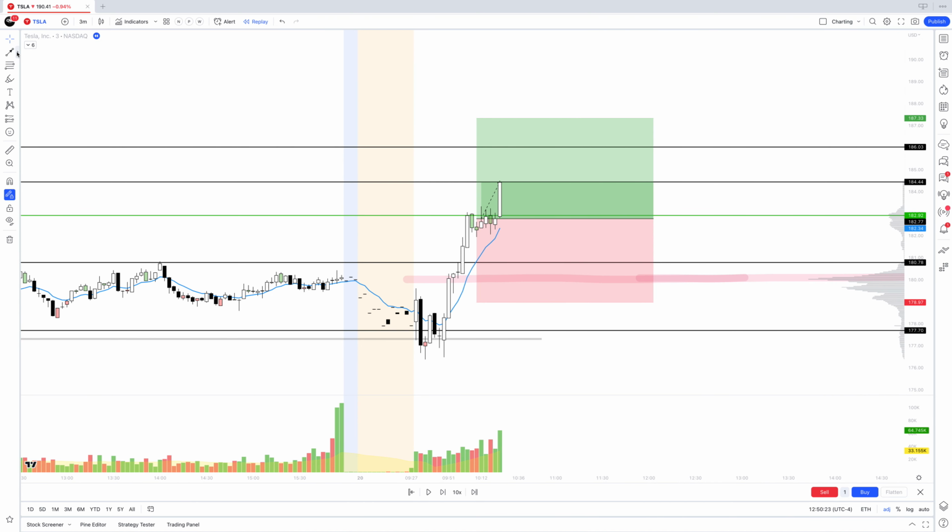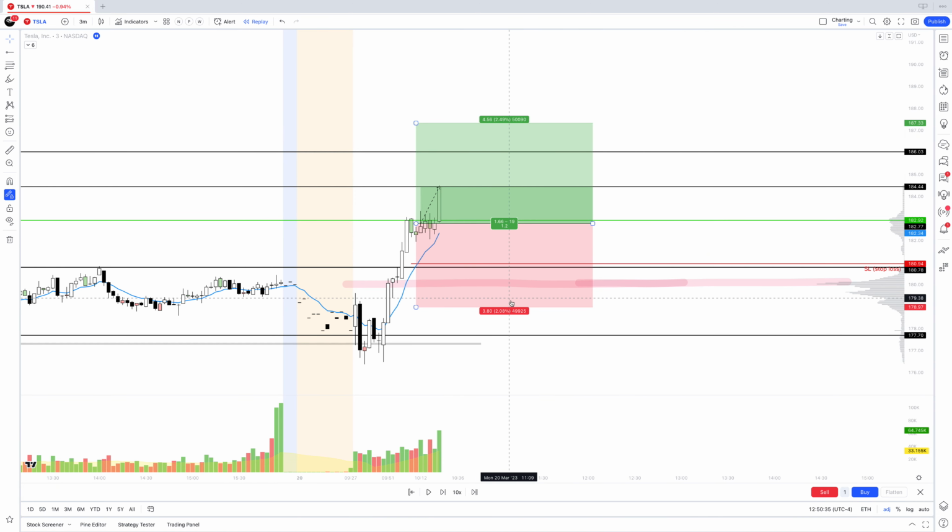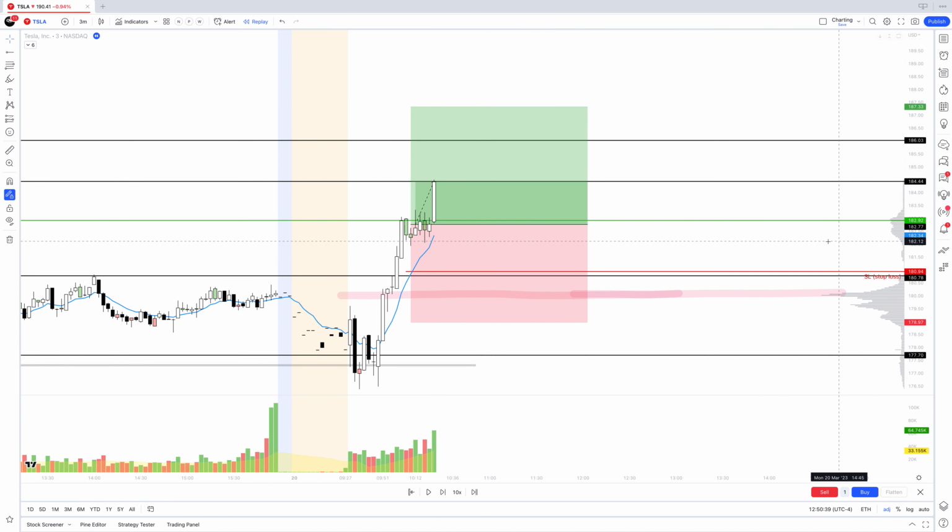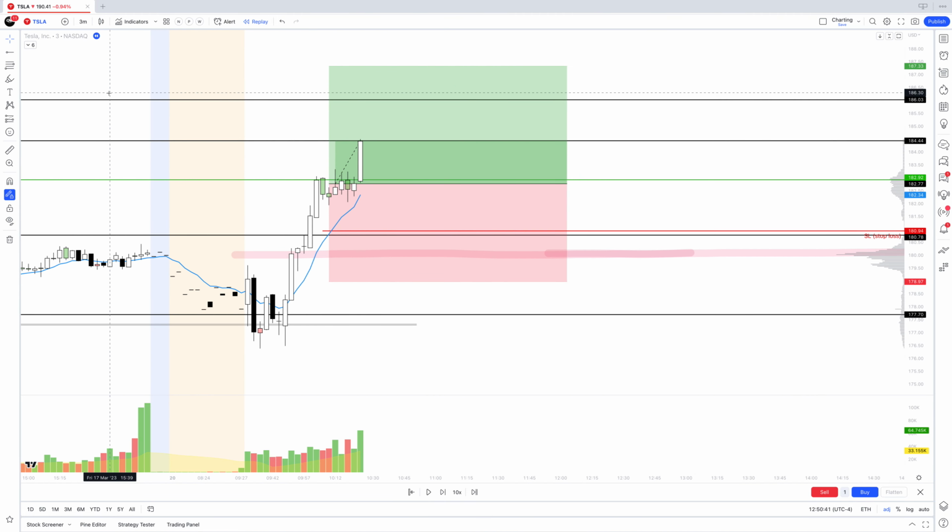In this case, I'll then move my stop loss up. So let's do a stop loss line here. I've now put my stop loss, I'll probably move it halfway to lose 0.5R instead of a full 1R. And for you guys, if you're unclear what a full R is, basically this section right here is 1R.